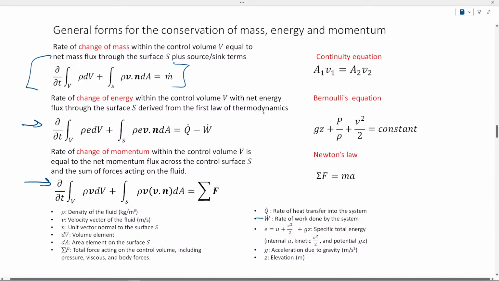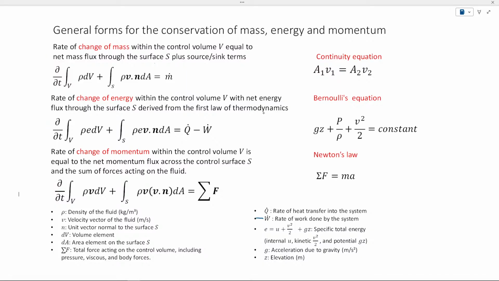So I hope you see these are the fundamental principles of physics-based modeling, because whatever we are doing is based on the conservation of mass. What's coming in and what's going out is equal to what is changing in my system, plus any source or sink terms.